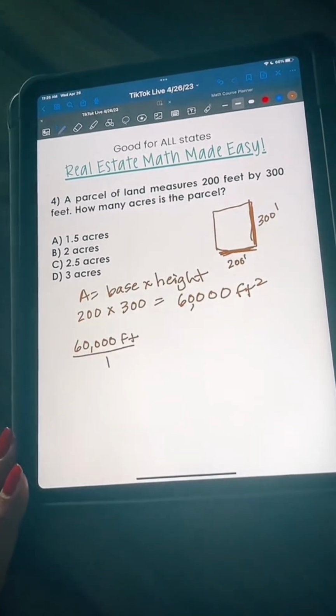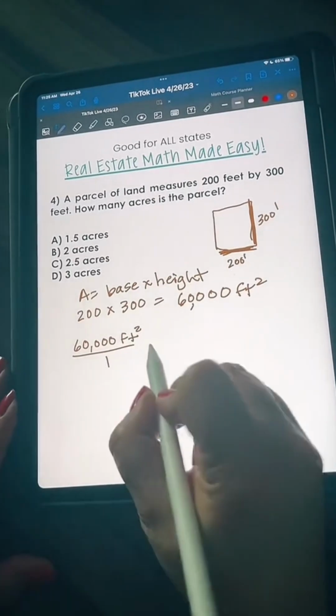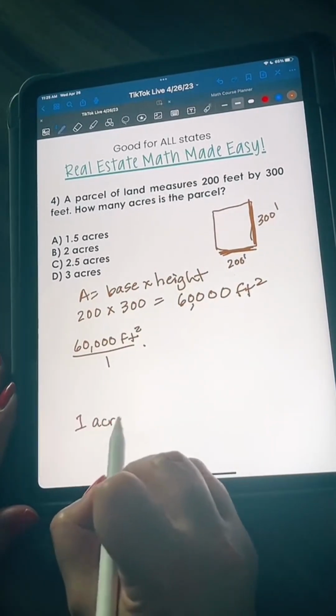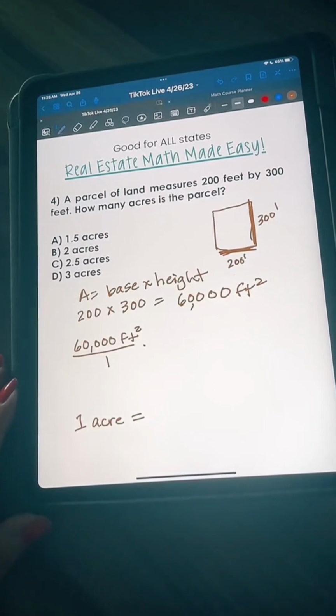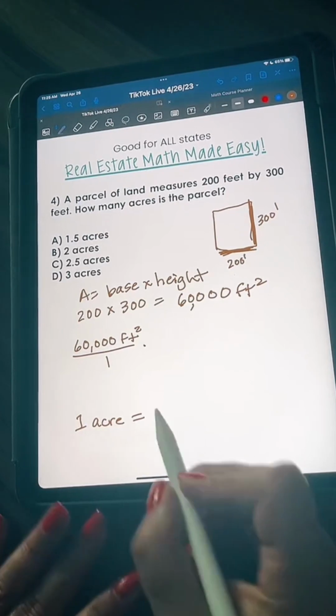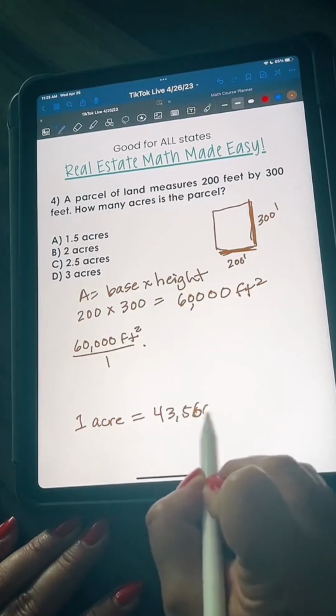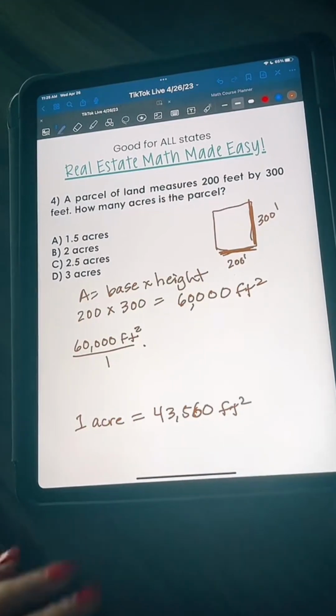And this is how I teach it. Since this is square feet, remember that 1 acre equals how many square feet in an acre? That's right, 43,560. Very good. So 43,560 square feet in an acre.